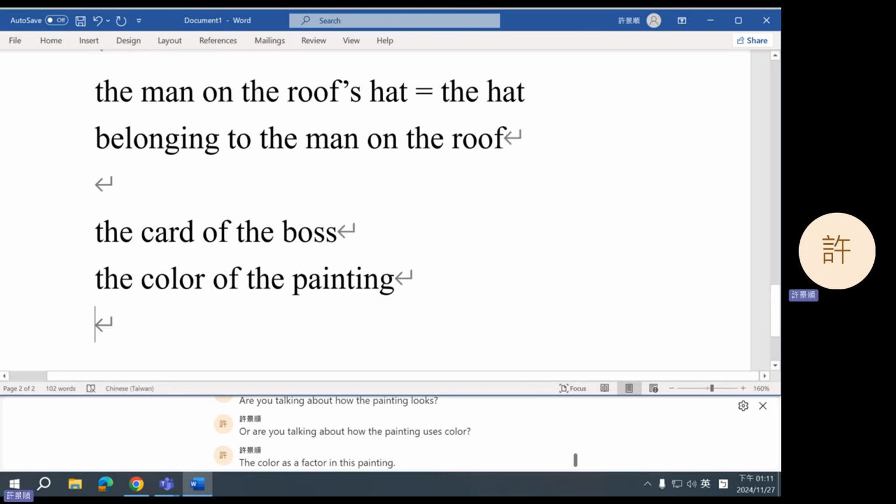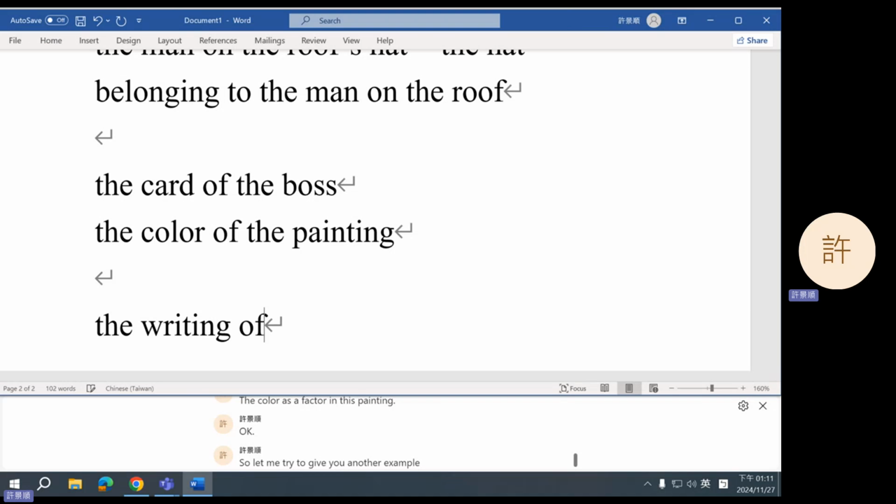Okay, so let me try to give you another example. The writing of the essay. Are you talking about how well the essay is written? Or are you talking about the act of writing the essay? So let me give you two example sentences.